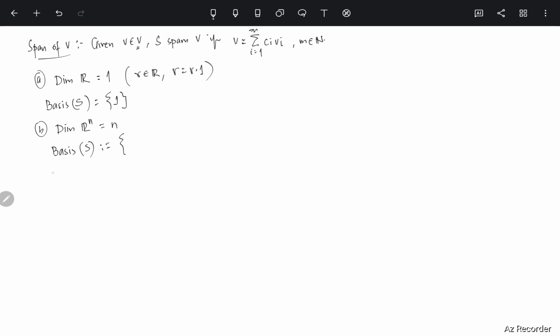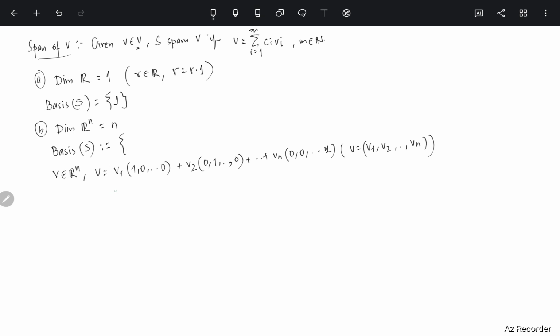Any element v in Rn can be written as v equals V1 times (1, 0, 0) plus V2 times (0, 1, 0) plus Vn times (0, 0, 1), where the nth entry is 1. So if the coordinates of v are given by V1, V2, Vn, we can write it like this, right?